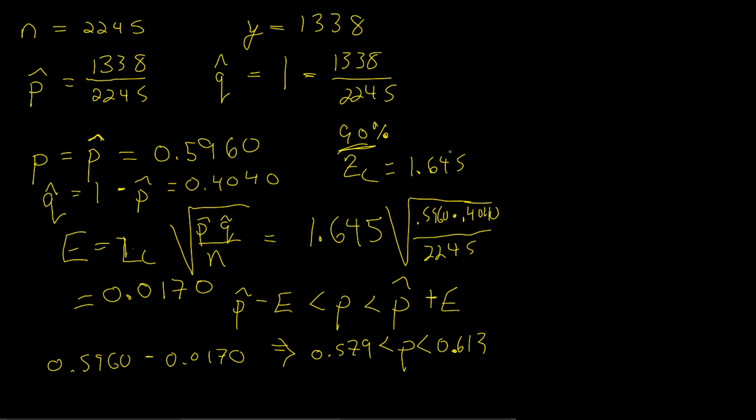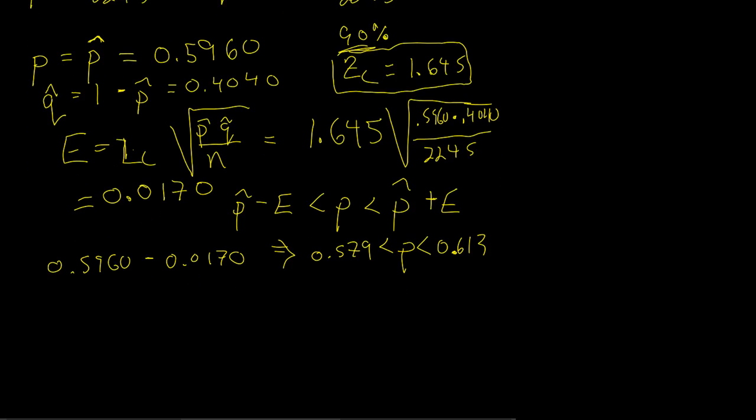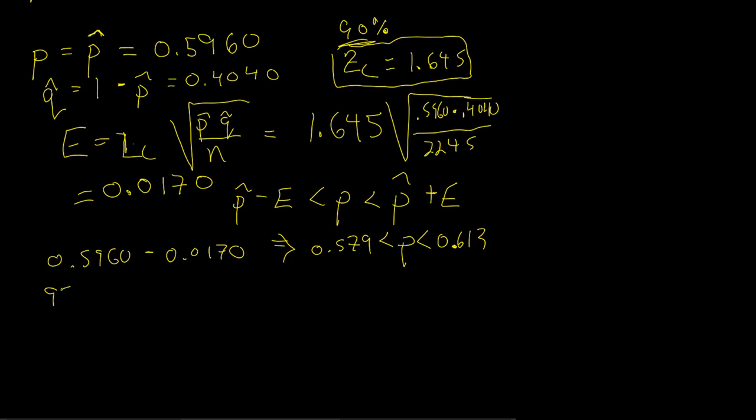Well, to do 95% confidence, the only thing that changes is our ZC, our critical value. At a 95% confidence level, the critical value, again on the table on page 299, is 1.96.